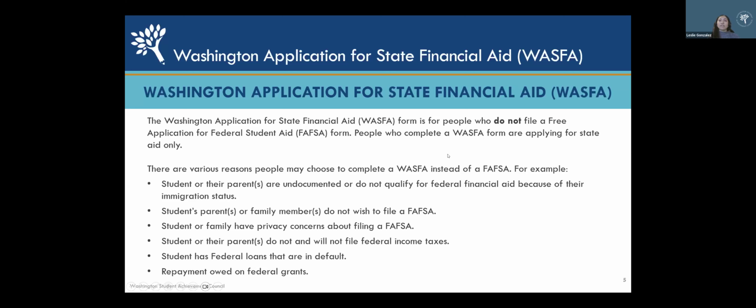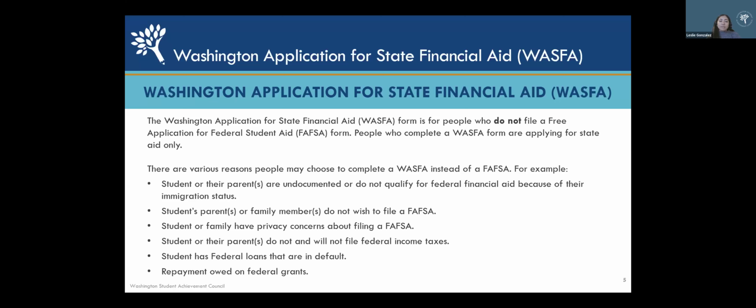And so there are many different reasons why a student would choose to complete a WASFA rather than a FAFSA. As you can see, we've listed the examples below, a few being that a student isn't documented or their parents aren't, or they don't qualify for federal financial aid because of their status.